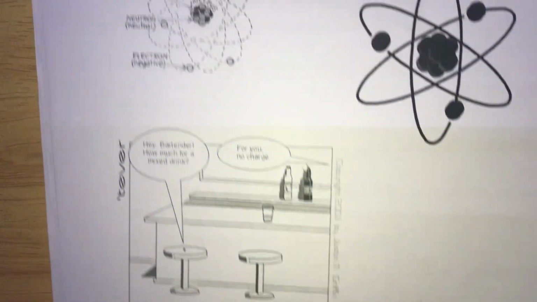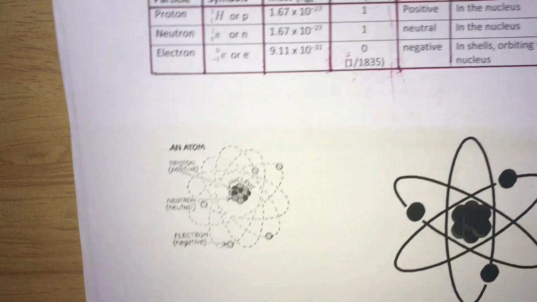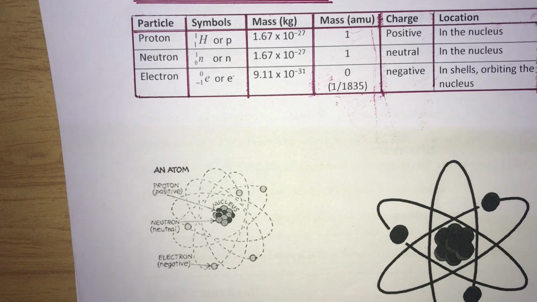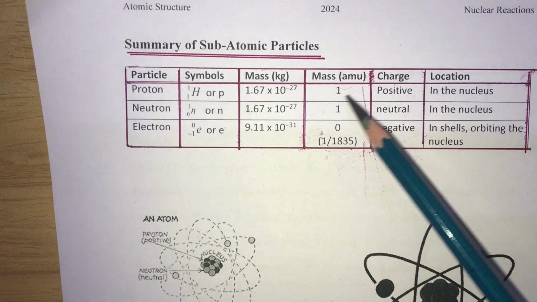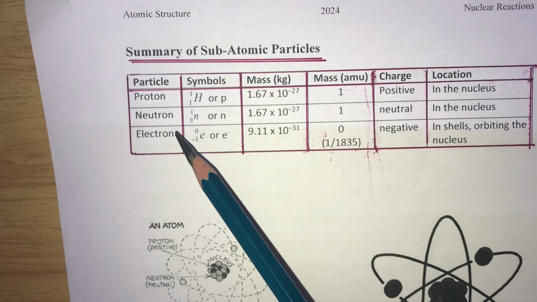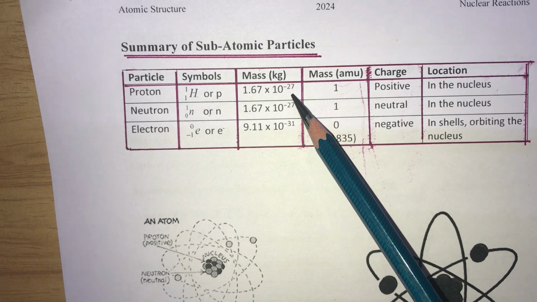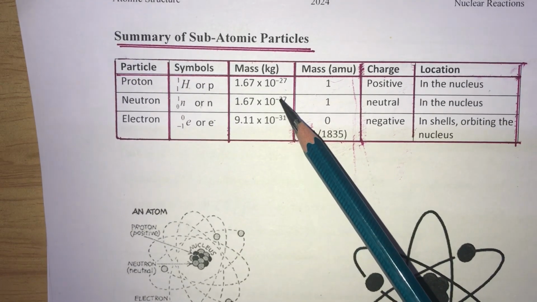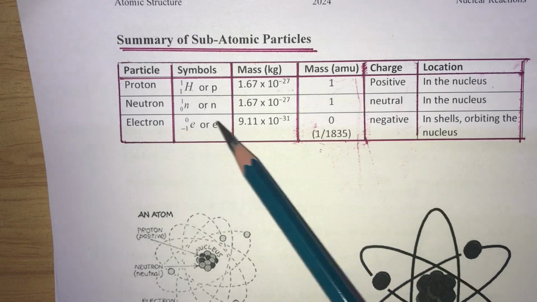The next one is the summary of subatomic particles: particle, symbol, mass, atomic mass unit, charge and location. Proton, that is H 1 1, atomic number 1, mass number 1, the mass is 1.67 into 10 to the power -27 kilogram, which is 1 atomic mass unit.